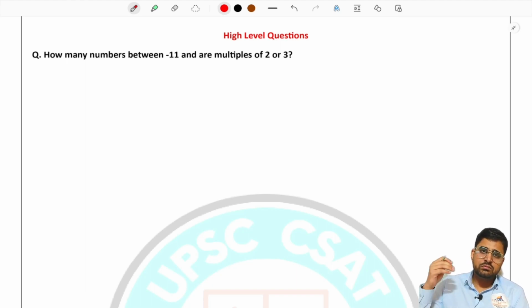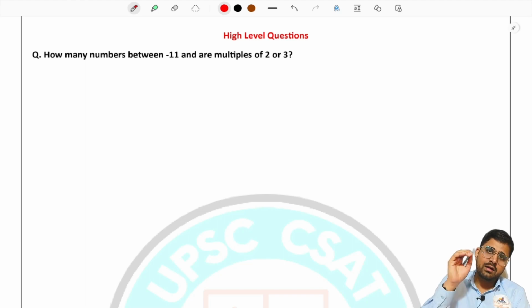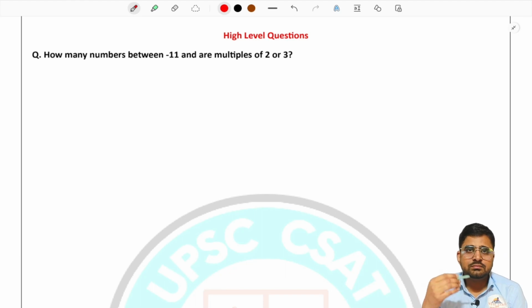If you have the correct answer, then check the solution provided by me. Is it in correct order or not? And if my way is simple enough, then adopt that. Otherwise yours is good also, because there are multiple approaches to attempt any question. Okay, in this question we have two attempts also.